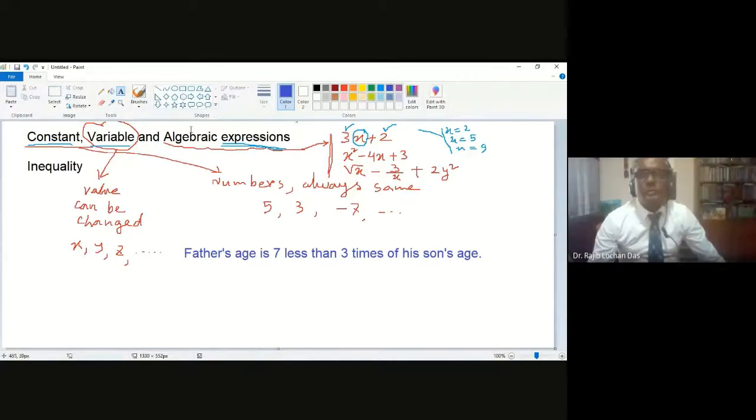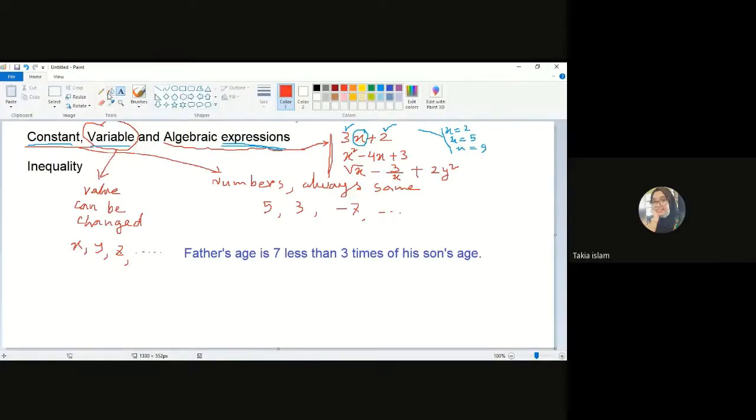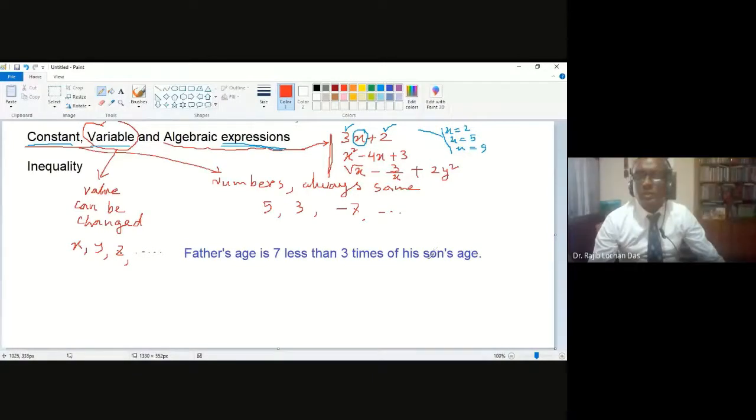Then we can think the father's age is 3x minus 7. Okay, good. So you are thinking the son's age is x. We do not know what the actual age is. One son can be 10 years, one son can be 15 years, one son can be 8 years. We do not know. So this is x, this is a variable.